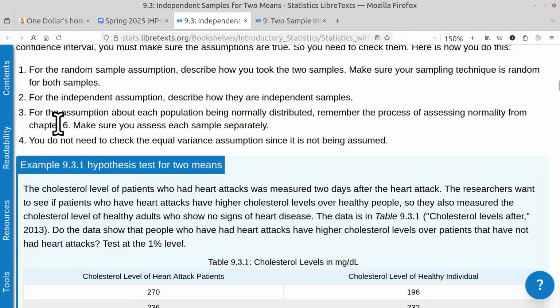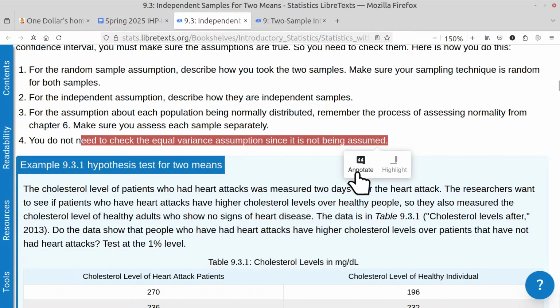Third, for the assumption that each population is normally distributed, remember the process of assessing normality from Chapter 6. Make sure you assess each sample separately. You don't need to check the equal variance assumption since it has not been assumed.